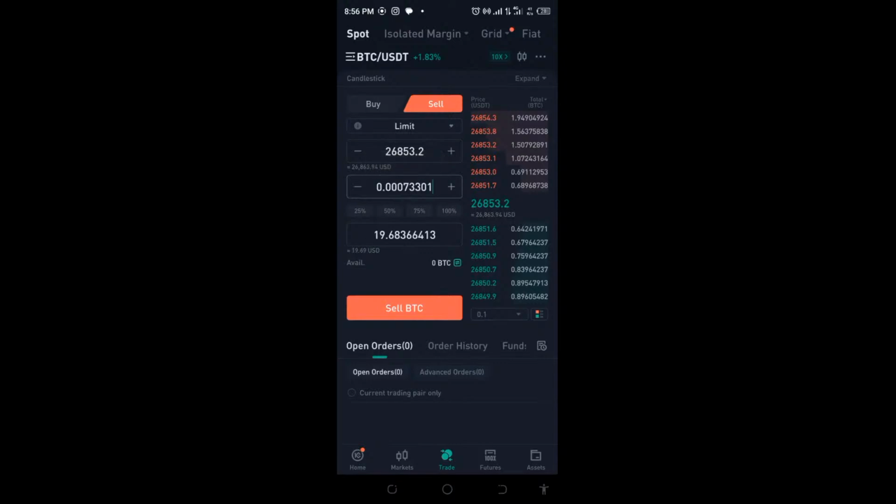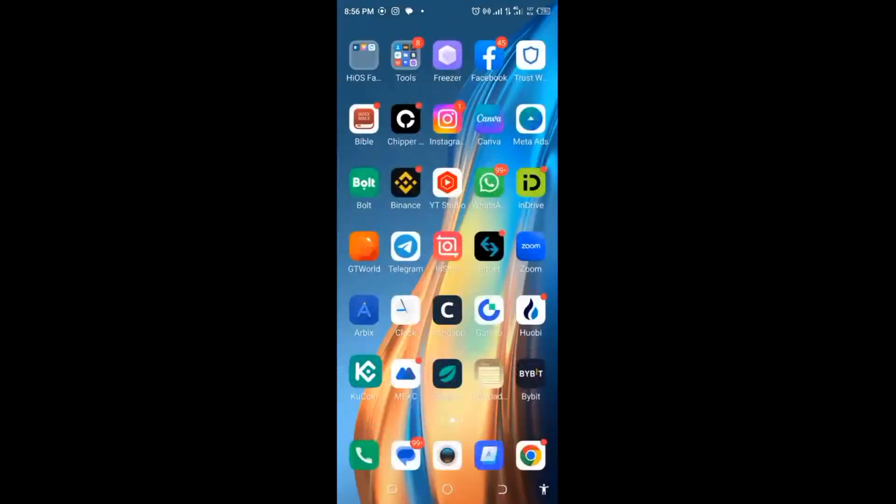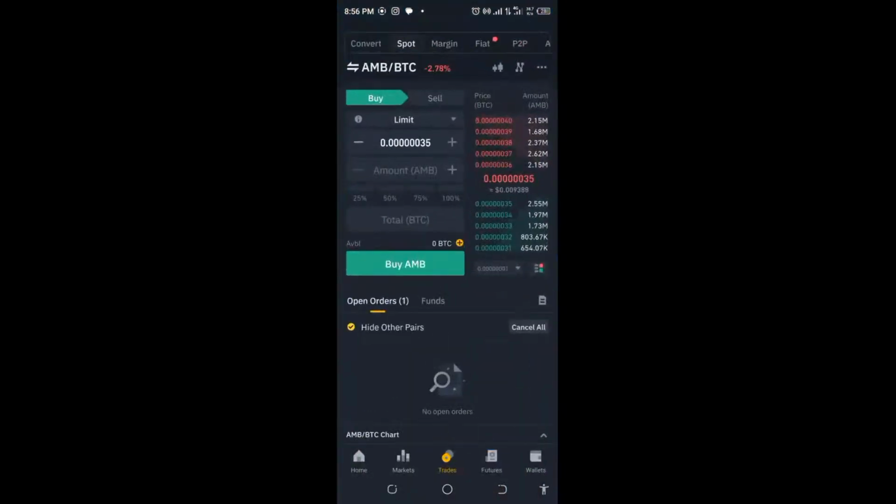Nah, this is 19.68, nowhere near 19.85. So the only option we have is to try and see if we are able to buy the AMB. And if that doesn't work, we'll be forced to sell it back to BTC, and sell the BTC back to USDT.